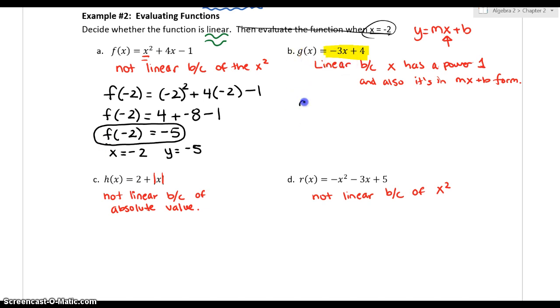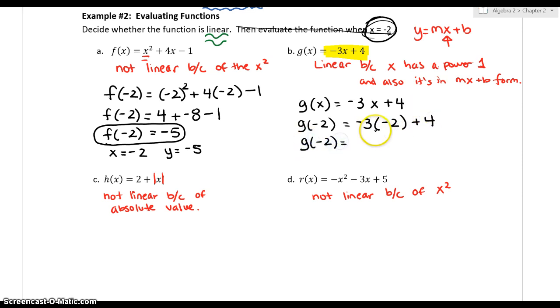We have g of x equals -3x plus 4, and we're looking for when x equals -2. So g of -2 equals -3 times -2 plus 4. Then g of -2 equals -3 times -2 is 6, plus 4, and g of -2 equals 10. This is our final answer.